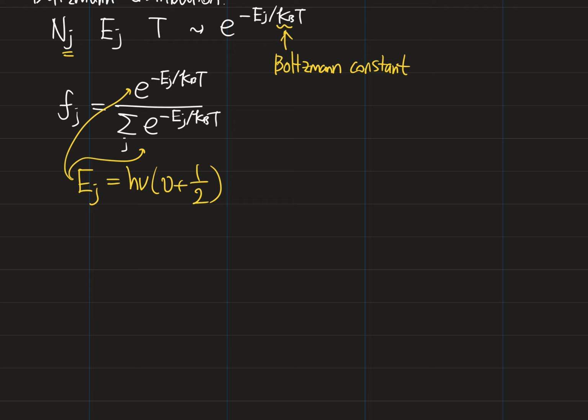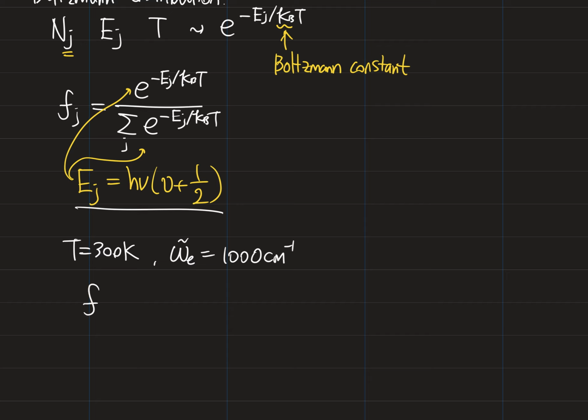Anyway, when you plug in this expression, the numerator and denominator, you can calculate the portion of molecules in specific states. Let's assume a very common condition, room temperature, 300 Kelvin, and a vibrational frequency like 1000 wave numbers, or you may want to try 2000, both of them.